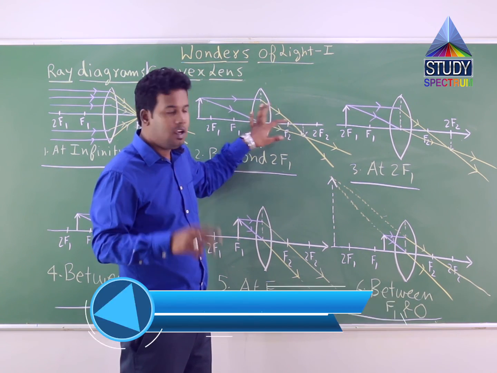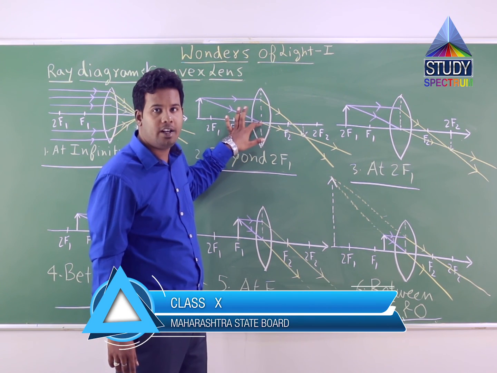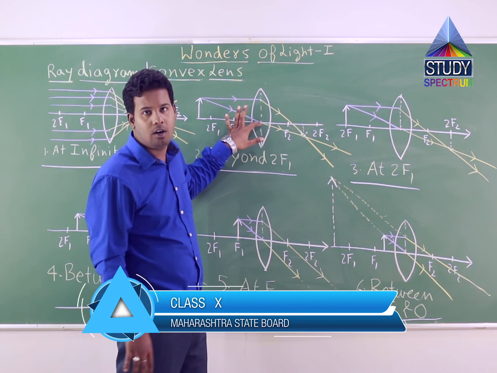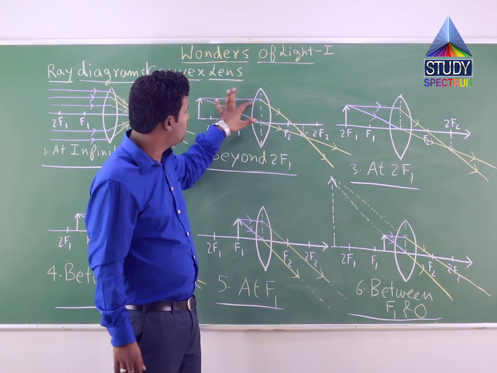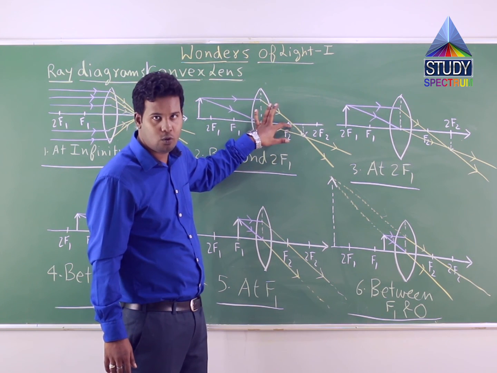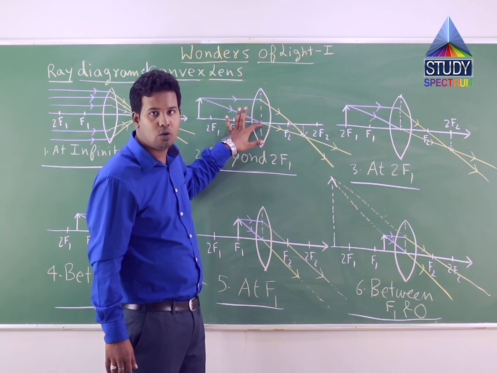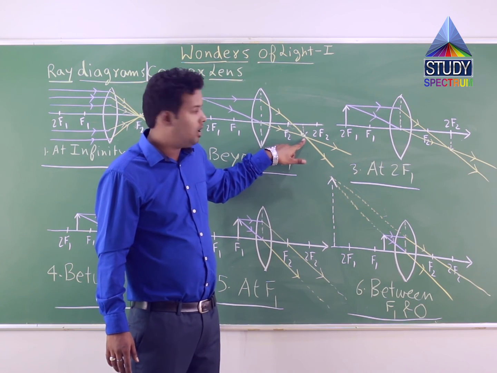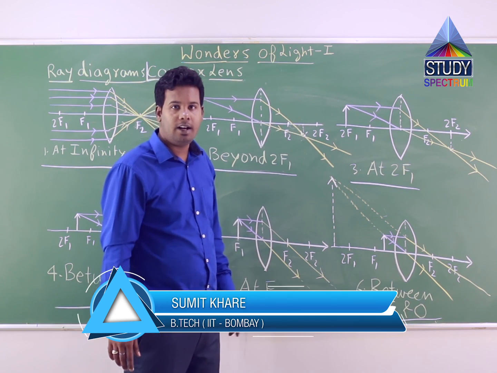Rule number 2 says, if the incident ray passes through the optical center, it should not show any deviation, or it should not undergo any bending when it passes through the optical center. So one ray passes parallel to the principal axis, so after refraction this yellow line passes through focus point F2, and one ray passes directly through the optical center and shows no deviation. The point where they meet is actually where the image should form on the principal axis. Correct?